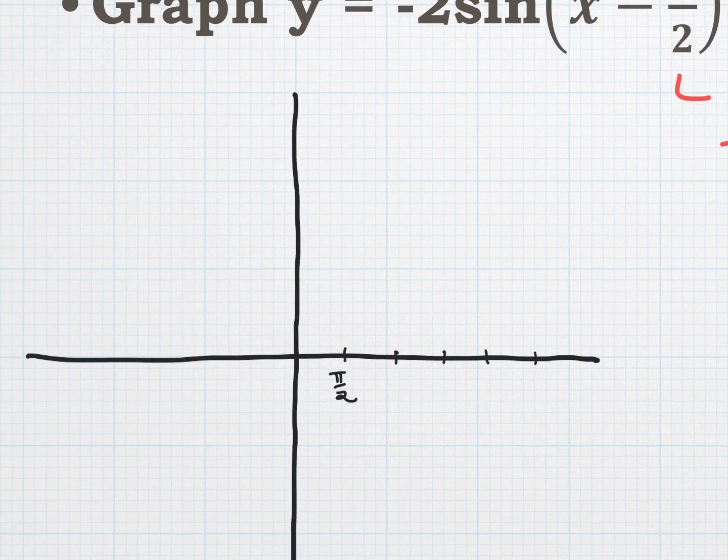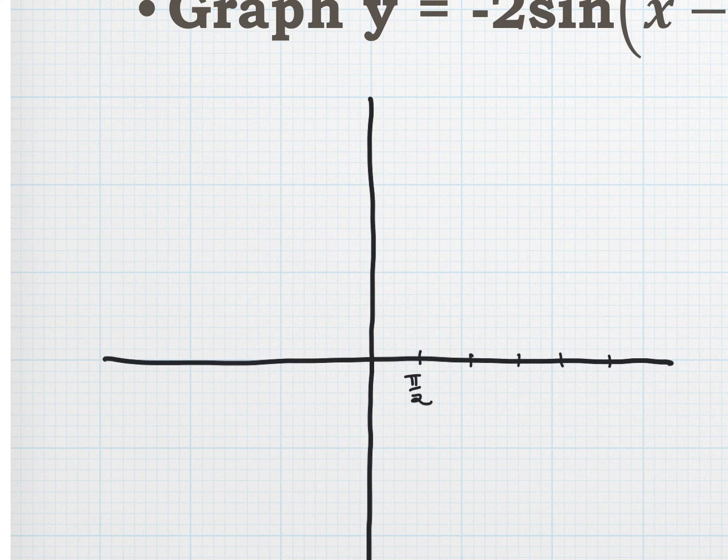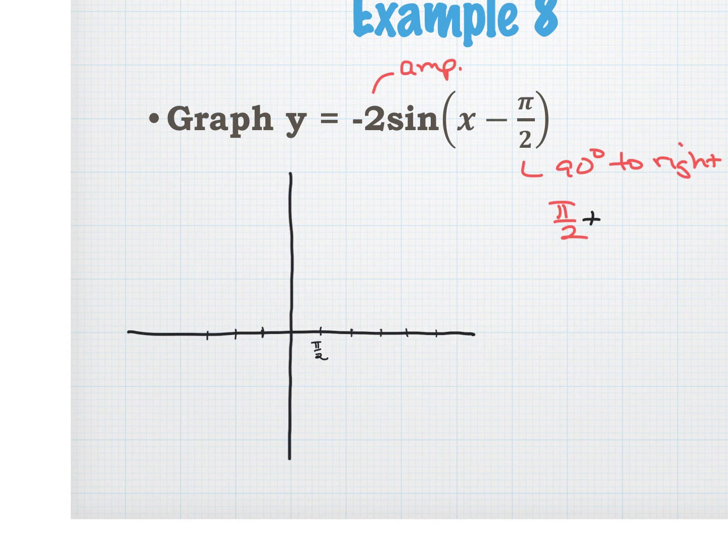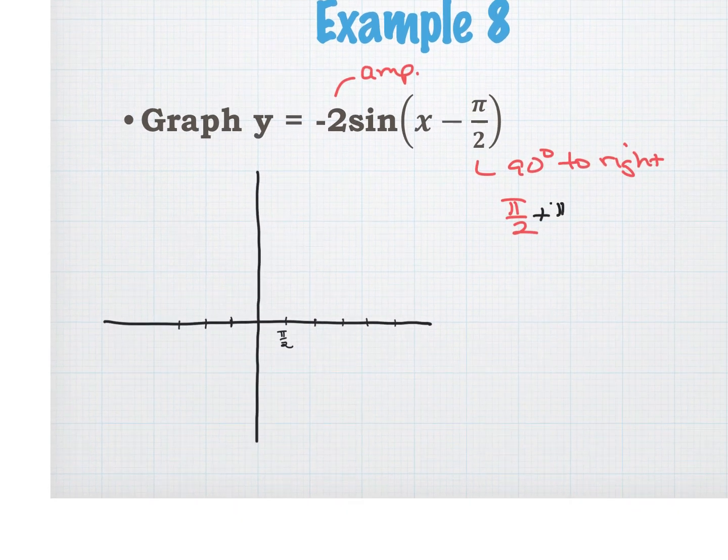So I've got all my markings here. Let me go over to this side as well. All right, so now I have them all spaced out. So let me go ahead and do the calculations. So my next point is going to be to the right of pi/2. Again, you're adding pi/2 to pi/2, and it's just pi. Because remember, that's 180.